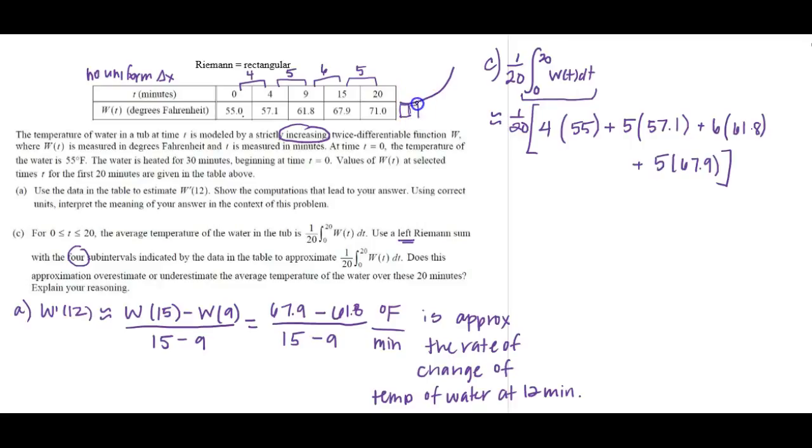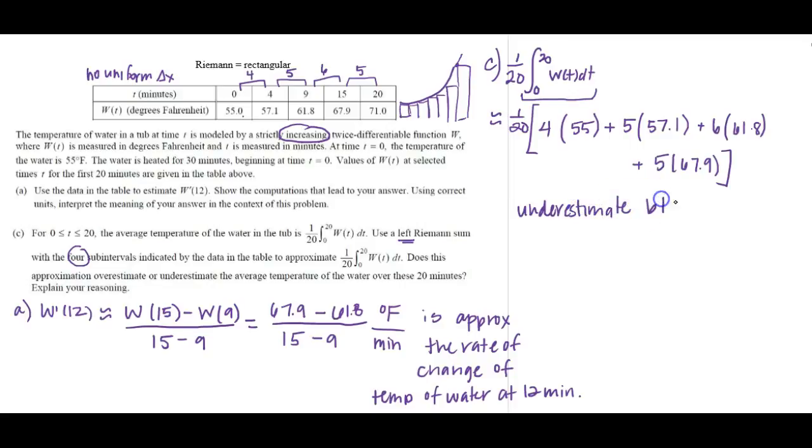If I do that a couple times on any graph, I can see that I am an underestimate for the actual area, because I'm missing all these little pieces here. It's more clear if I go one more. Over any little interval, if I choose the left endpoint, I'm an under approximation. So I'm going to choose underestimate.